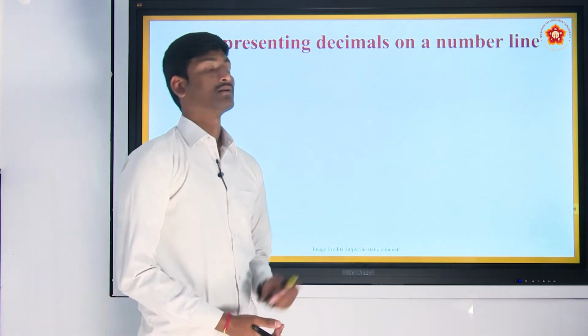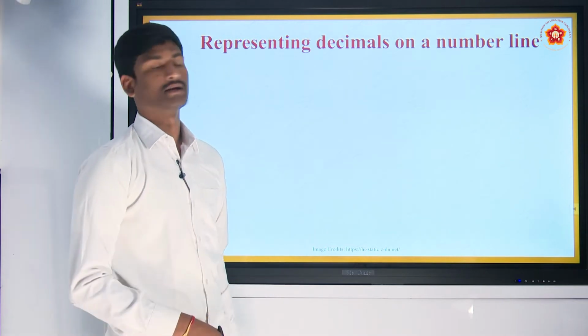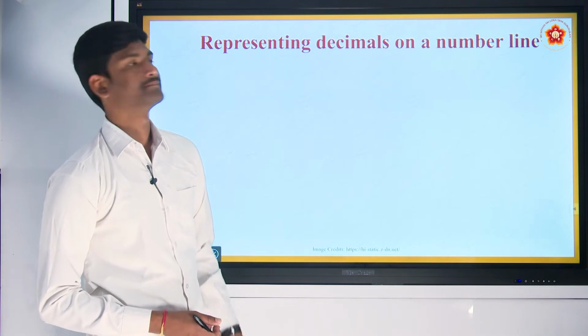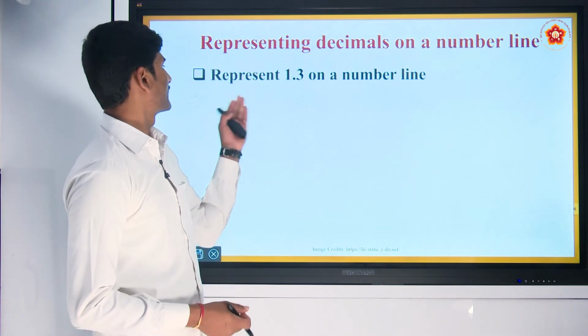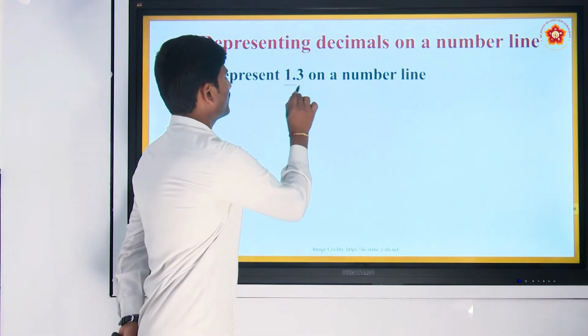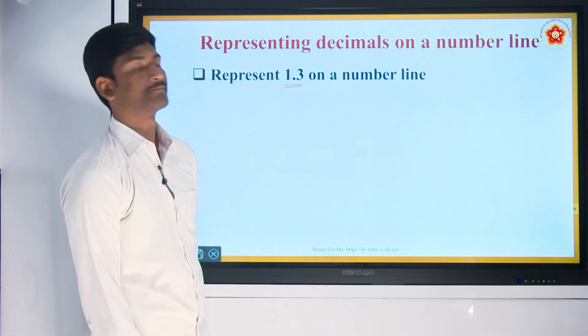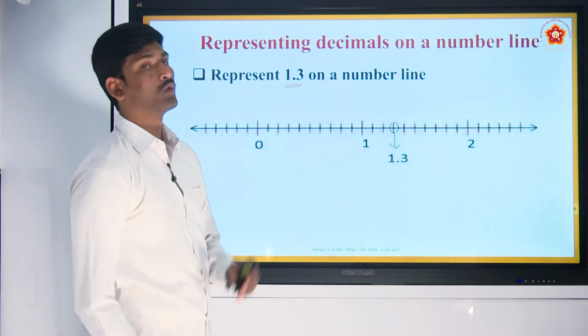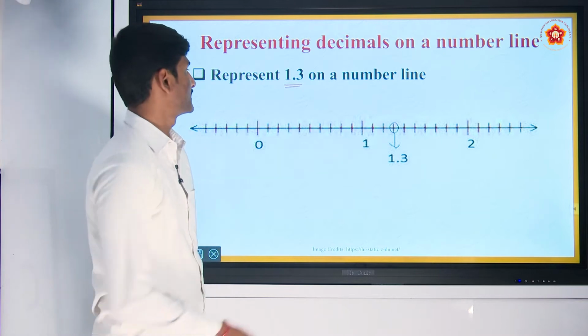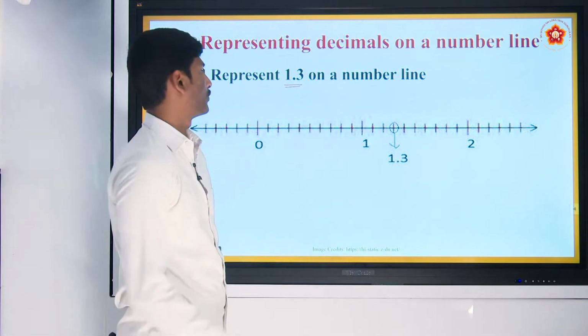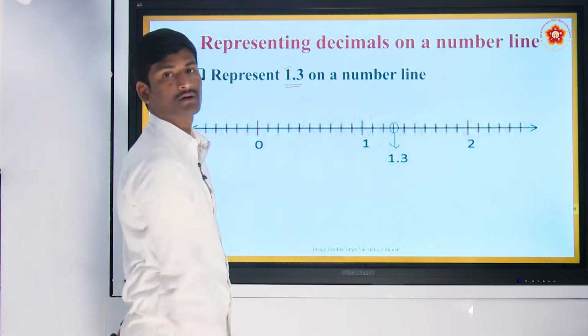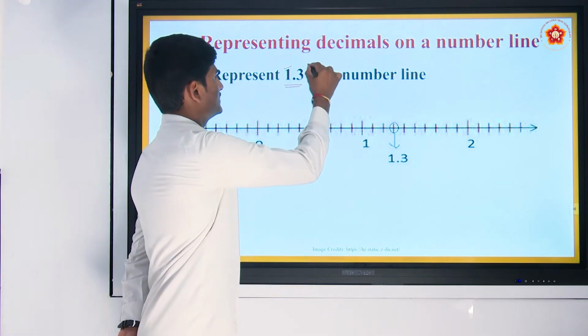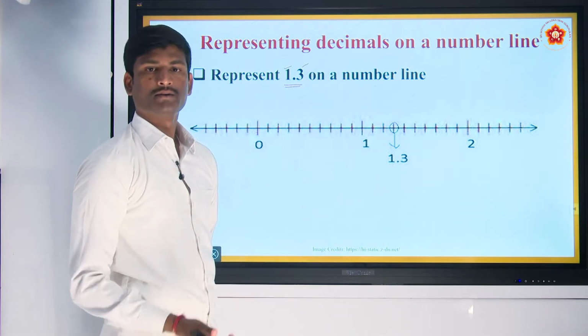Okay, then representing decimals on a number line. How to represent decimals on a number line? Represent 1.3 on a number line. Here 1.3 is a decimal number, 1 is the whole number part and 3 is the fractional part.